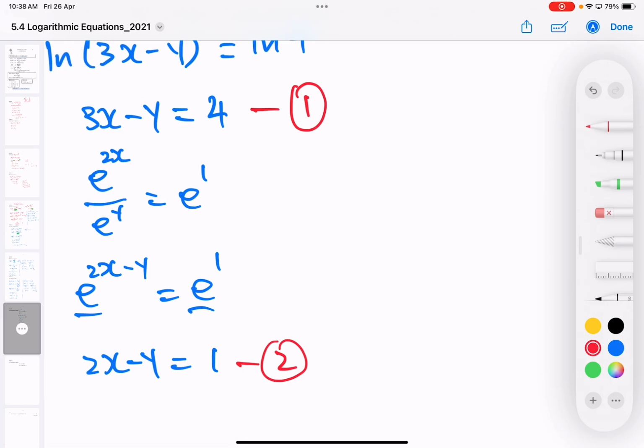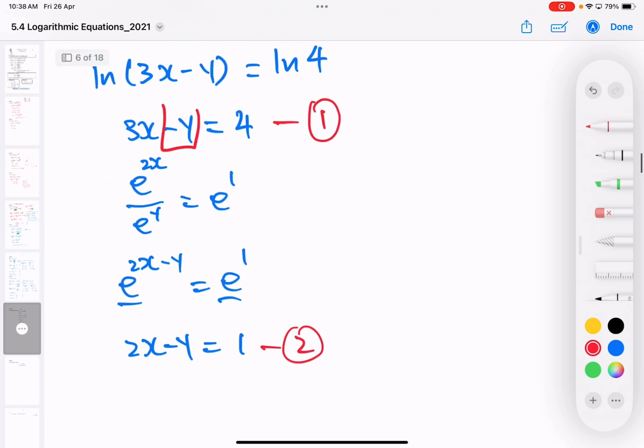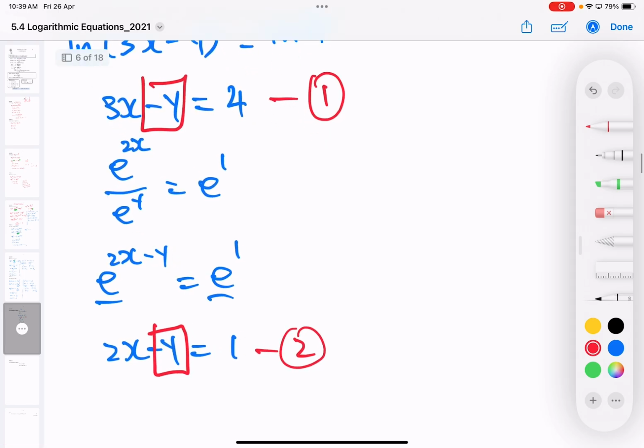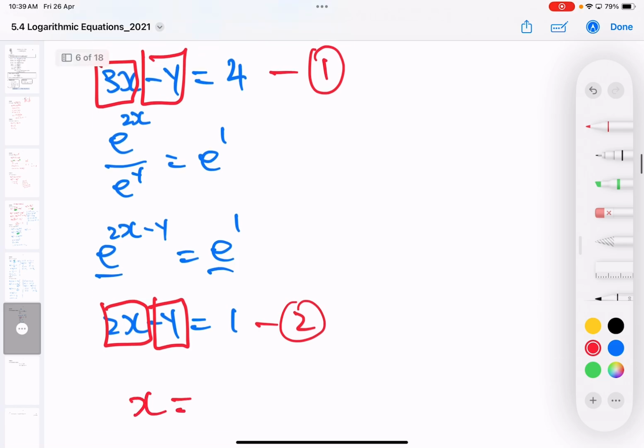There you go. I can use elimination because I see that I have a negative y here, a negative y here. If I want to use elimination, I can get rid of the y by taking equation 1 minus equation 2. My strategy is to minus. So what is 3x minus 2x? x.